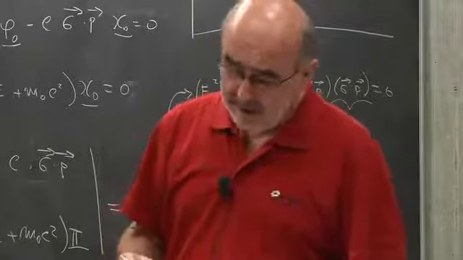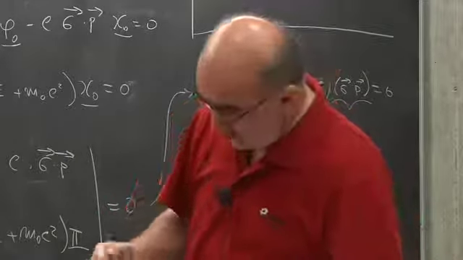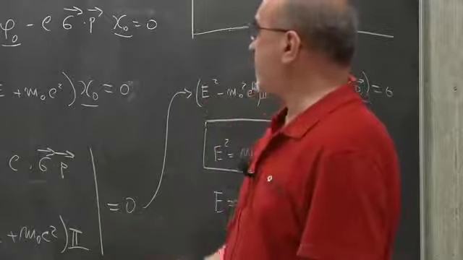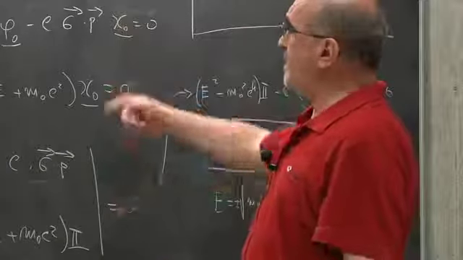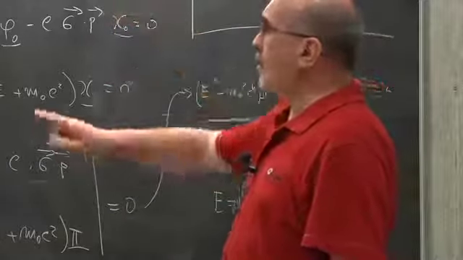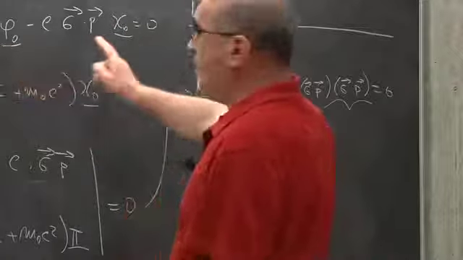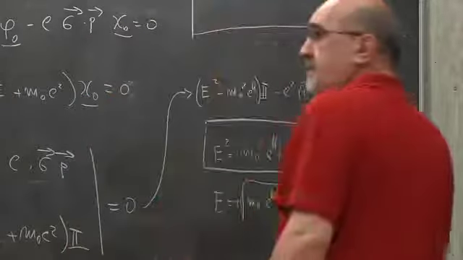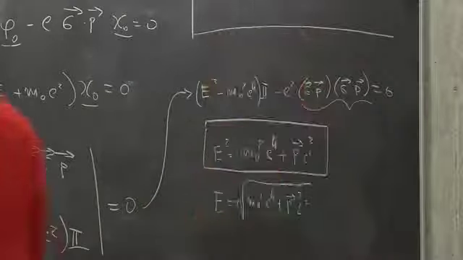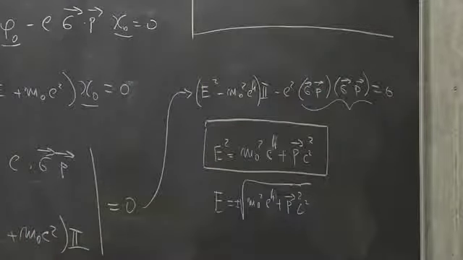Now, the last thing we did, I don't know if we actually did, is these two equations, the determinant is 0, they are equivalent. So we can derive phi 0 from chi 0 or vice versa.